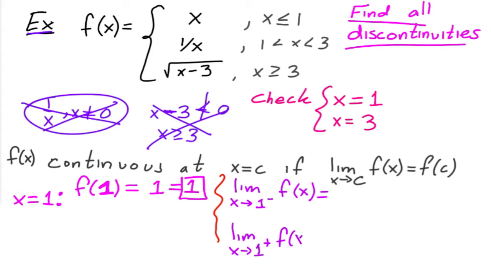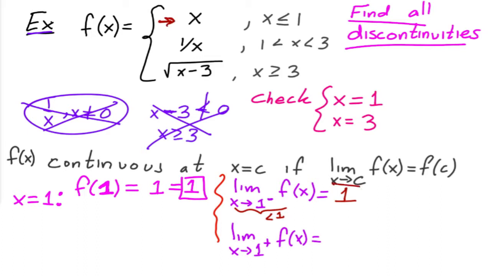Okay, now for the left one, the limit as x approaches 1 from the left, that means that the values of x are less than 1, which means that when choosing which one of these to use, I'm going to use this first one because this one is defined for values less than 1. So I'm just going to plug 1 into this function right here.